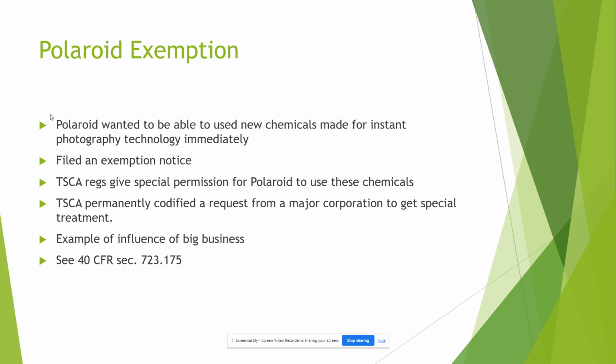I think they have newer versions of this now, but Polaroid was a photography company, and they wanted to be able to use these new chemicals for this instant photo technology right away. And they filed a notice for an exemption, and the EPA actually put out regulations giving them special permission to use these chemicals, and they never had to do a PMN. So this is like a permanently codified request to get special treatment.